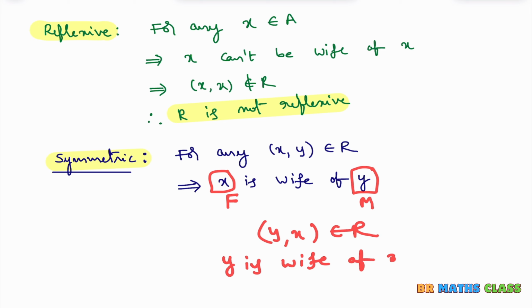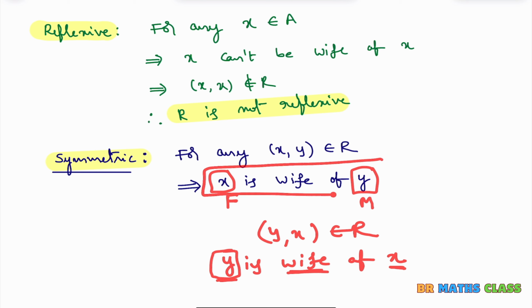One person can be a wife of some person means that person must be female, right? As here x is wife of y, we already know that y is a male. A male person cannot be wife of some person. A male person can be husband.